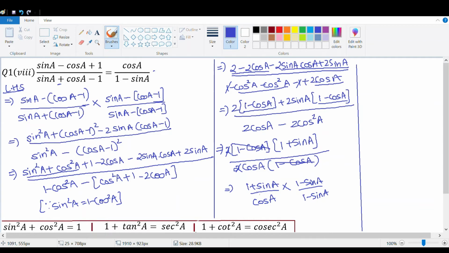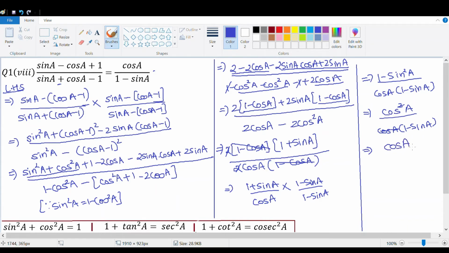So now this is x plus y into x minus y, which is 1 minus sine square A, and in the denominator I have cos A times 1 minus sine A, and 1 minus sine square A is nothing but cos square A, and in the denominator I have cos A times 1 minus sine A. So cos A and the second power goes here, which means I have cos A upon 1 minus sine A, which is nothing but my right hand side.